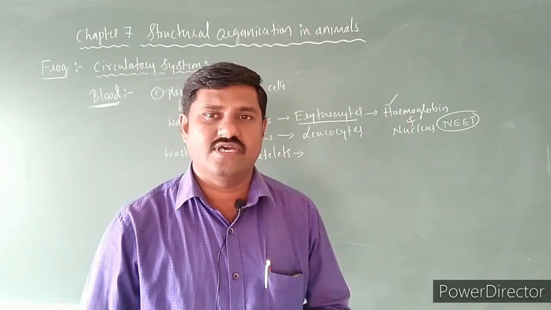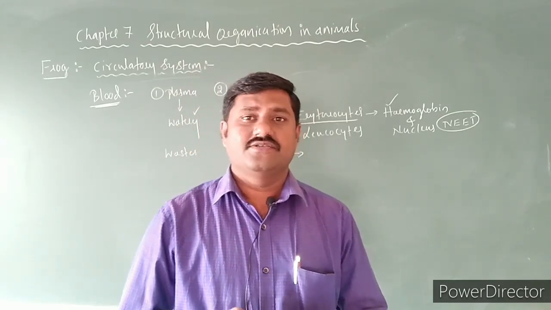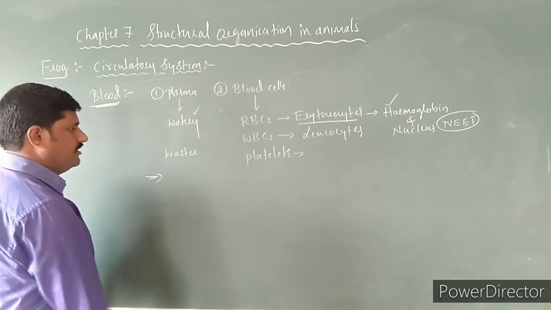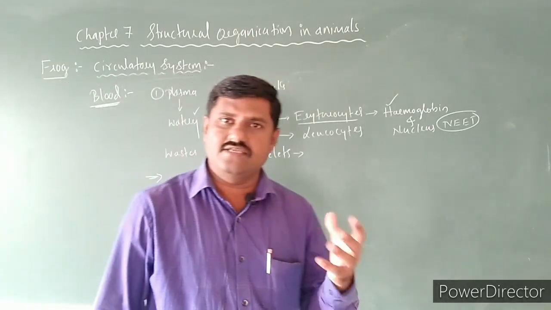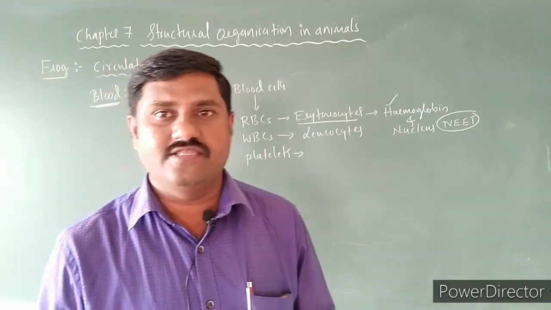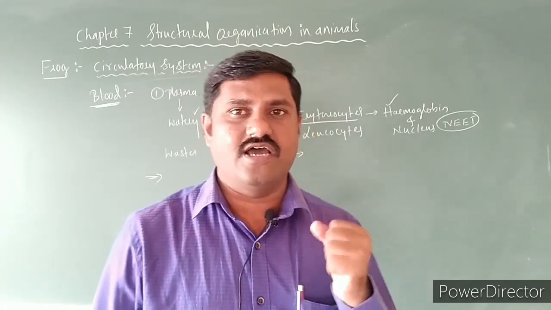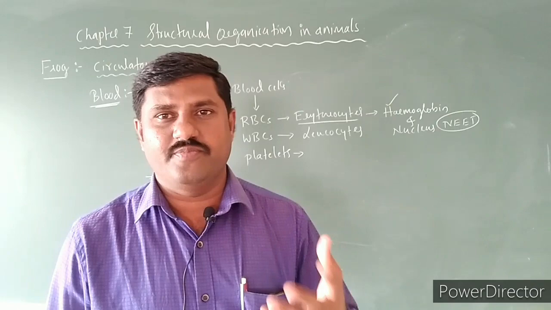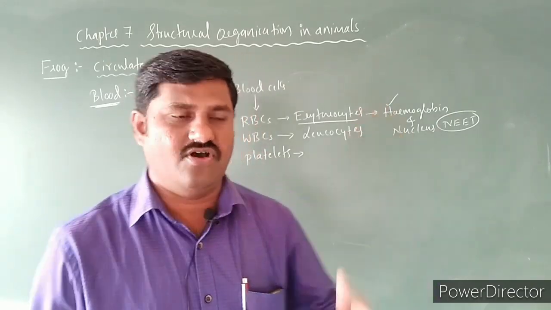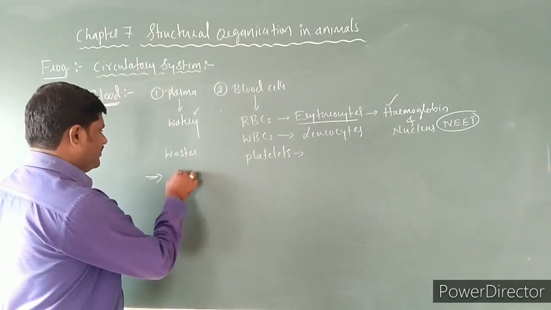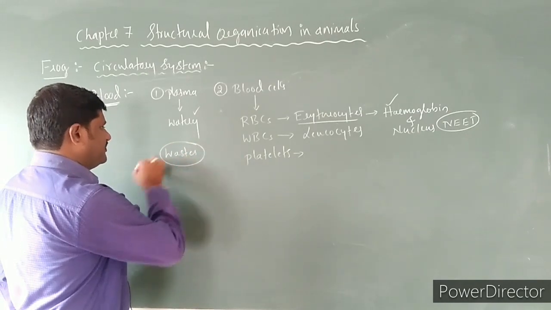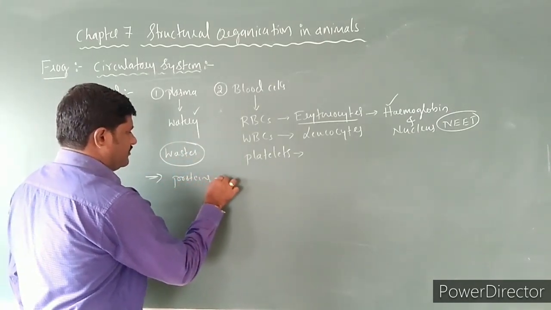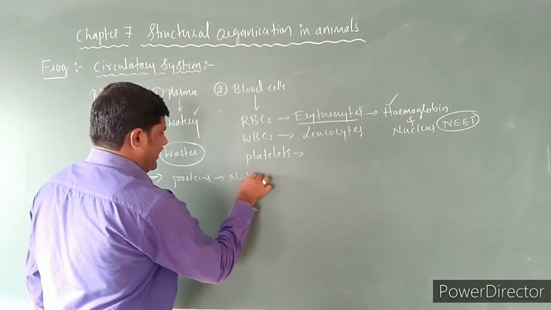So this is about the blood. The circulatory system is brought about by the pumping nature of the heart itself, right? It helps in circulation of, as I have already told you, many waste products, proteins, that is, nutrients.